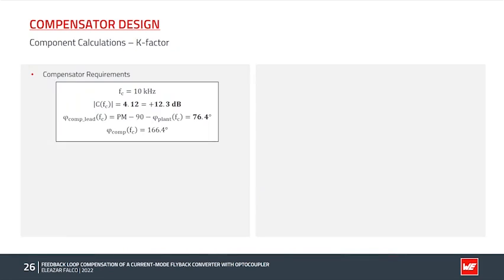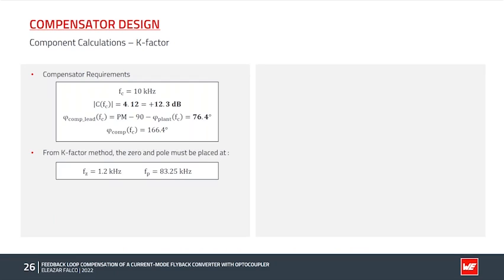So now we can calculate the component values. The requirements for our compensator were already set before and are again recalled here. Applying the K-factor method, the required zero and pole frequencies for a phase lead of 76.4 degrees are 1.2 kHz and 83.25 kHz respectively.